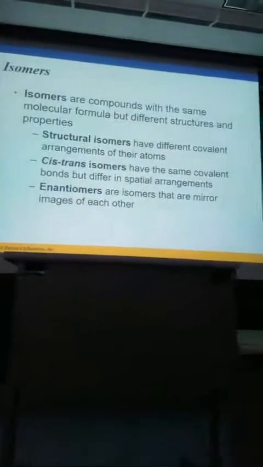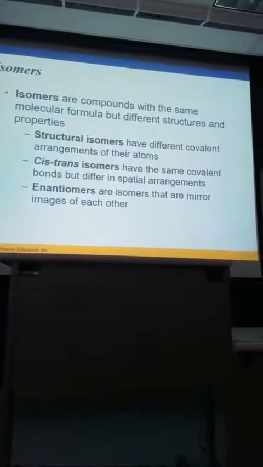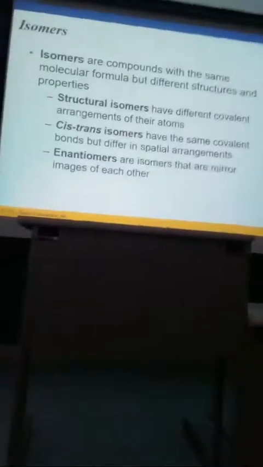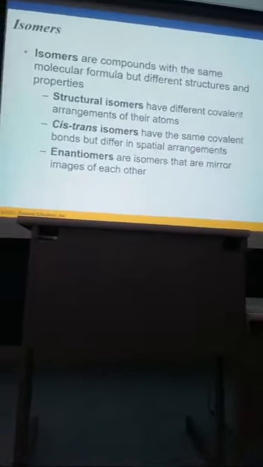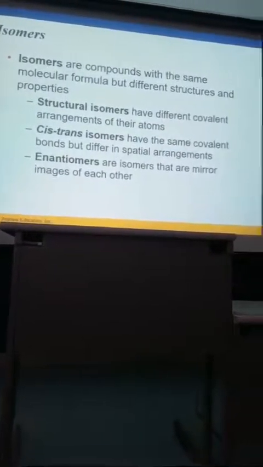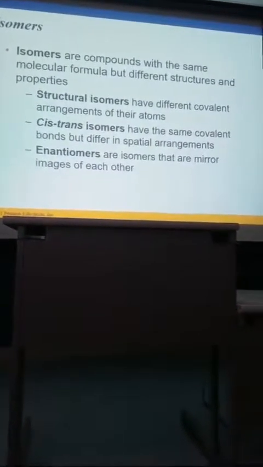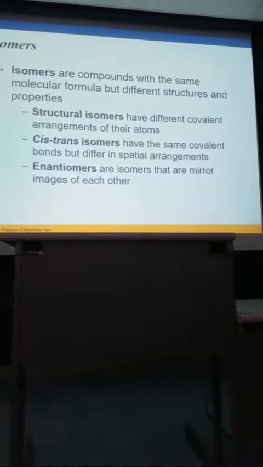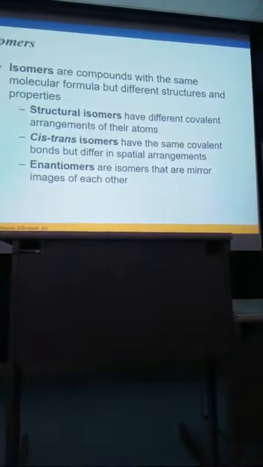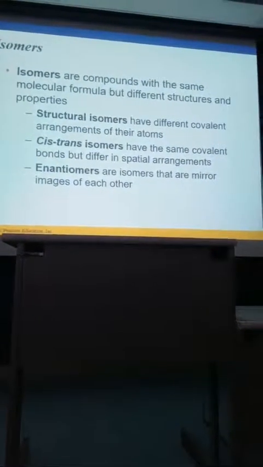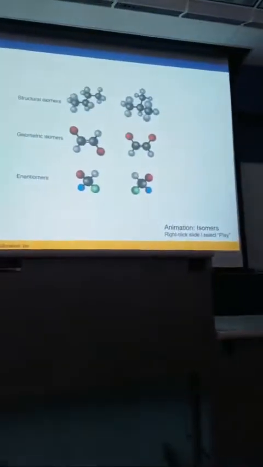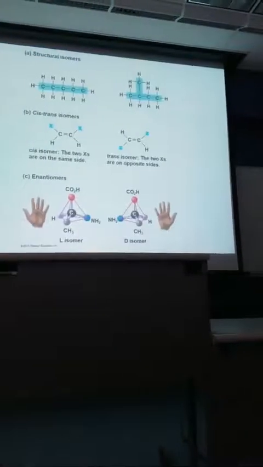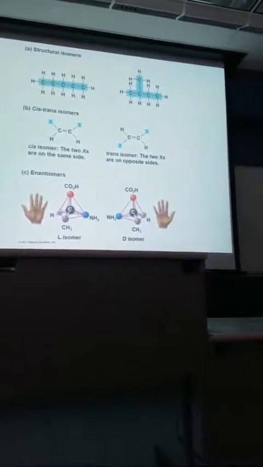These are the three kinds: structural, different covalent arrangements of the atoms; cis trans, same covalent bonds, but in different places; enantiomers, isomers that are mirror images of each other. You should know what the three are. So we should just know what's on the slide about those.